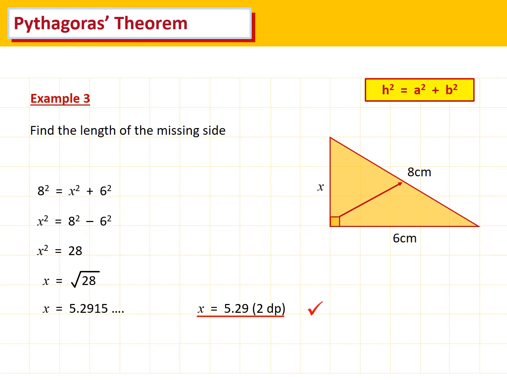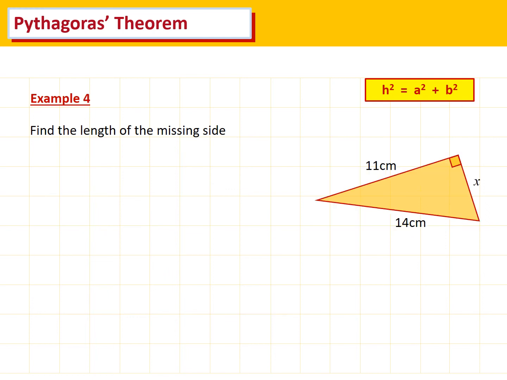And note, folks, we do just a little check that x, 5.29, can't be longer than the hypotenuse. The hypotenuse is the longest side of a right-angled triangle, so x is one of the shorter sides. Therefore, if you'd added here, you'd have got the wrong answer. You'd have got an answer bigger than 8. Your answer must make sense. Okay?